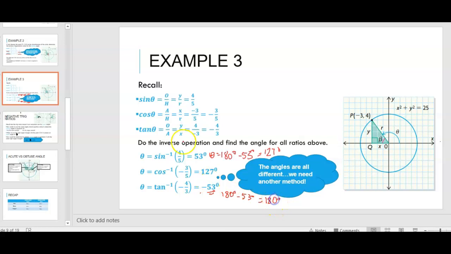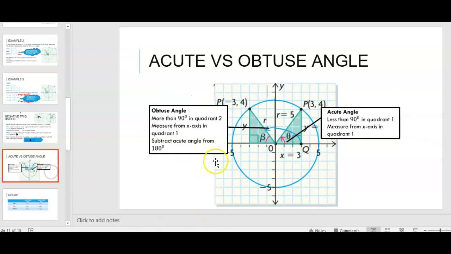Oh, sorry, I wrote 180 here. That is 127 degrees.